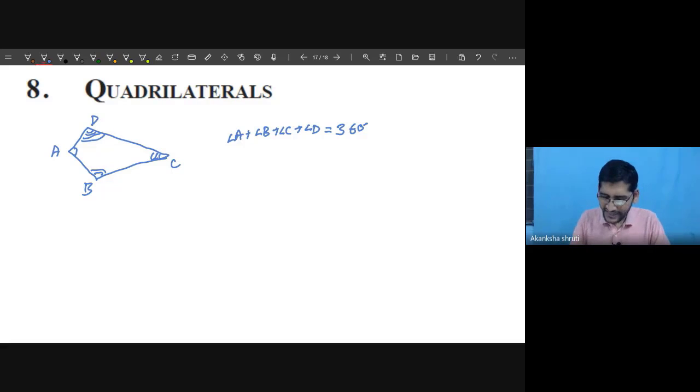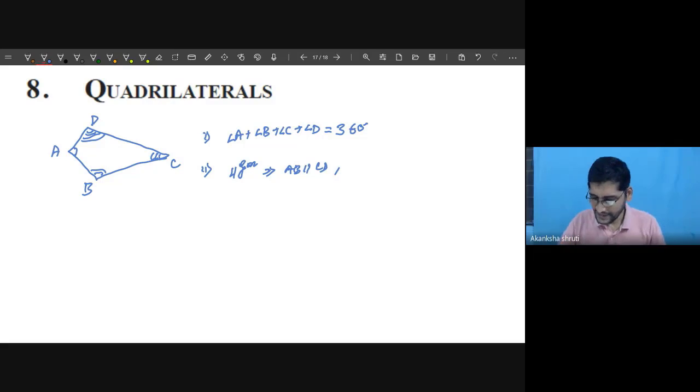Now based on the characteristics, these are given different names. So the very first was our parallelogram. What was that? AB parallel to CD, and is it correct? AB is parallel to CD also.